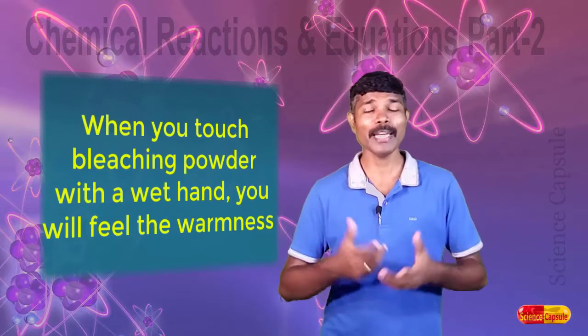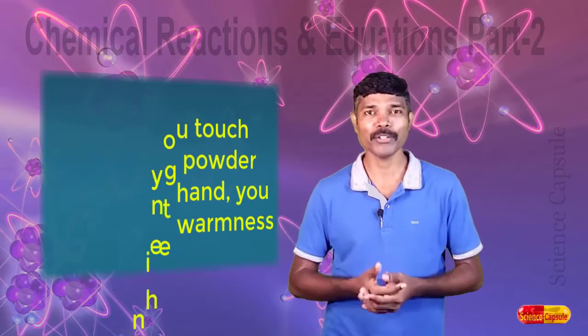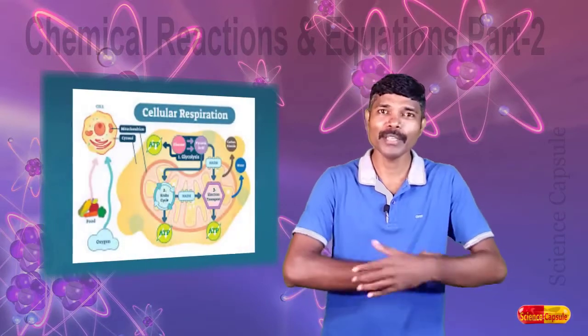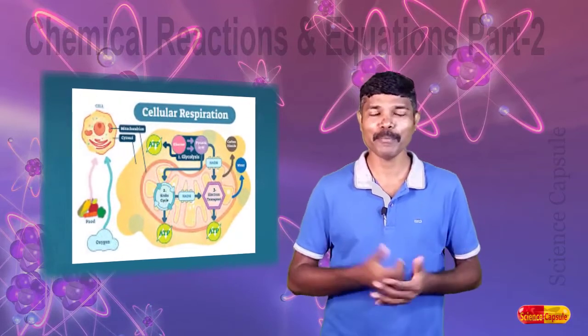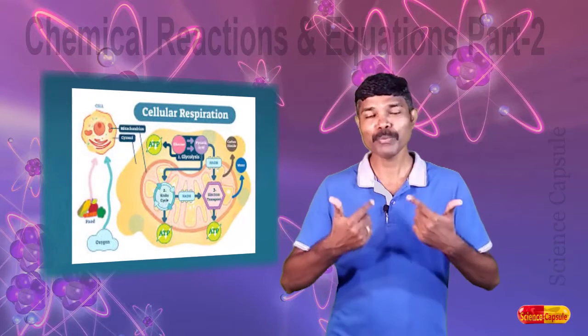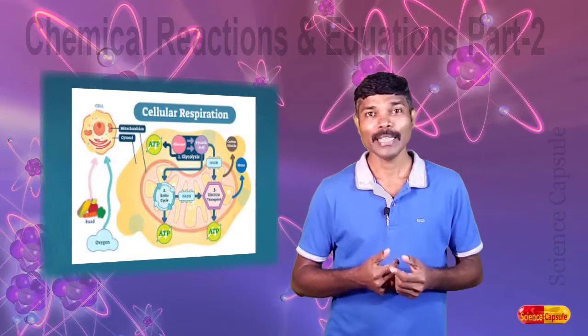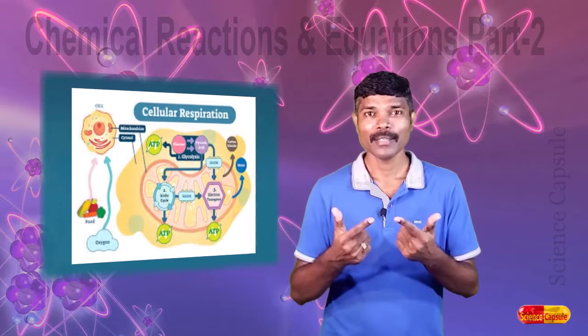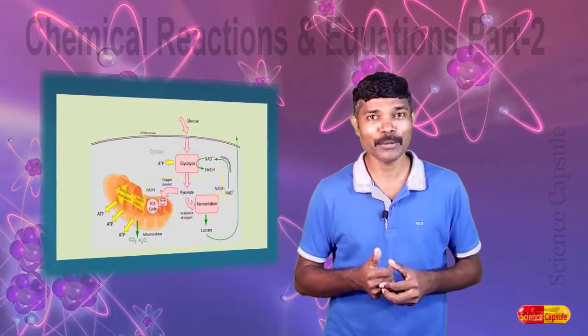One more familiar experience which we all can feel is respiration. When you touch your body, it is hot. Where does the heat come from? When glucose molecules are burnt in your body, in the cell, it gives out heat. So a biochemical reaction is taking place inside your cell.